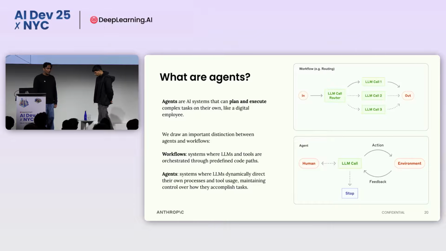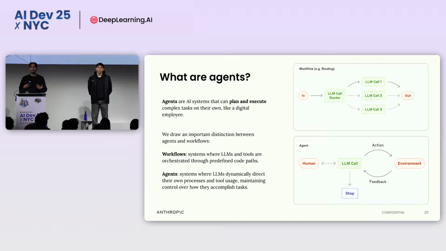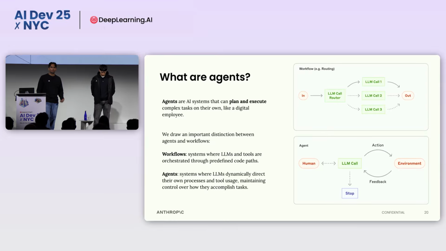So we've seen a lot of people building agents successfully and unsuccessfully. So we're going to try to distill some best practices and patterns that we've observed, and hopefully that will be helpful to you as you go off to build your own products as well.